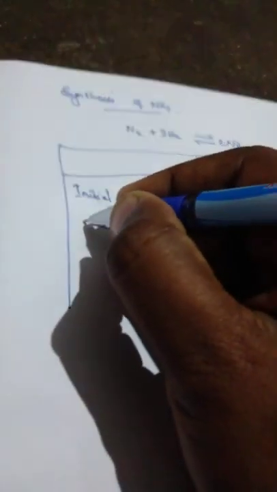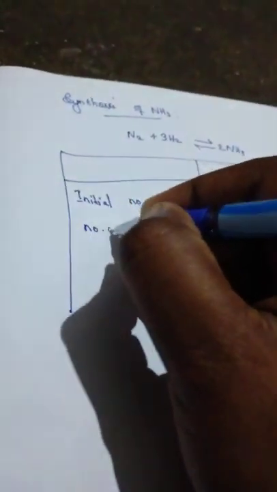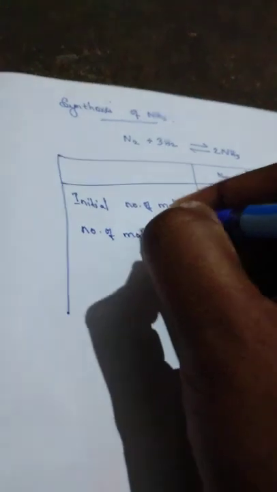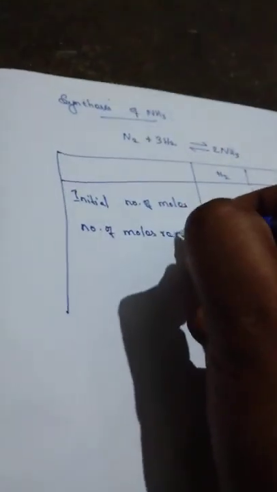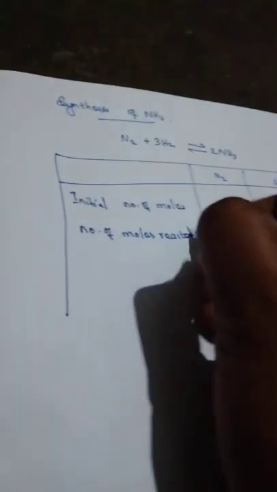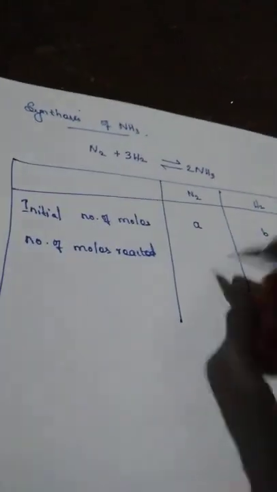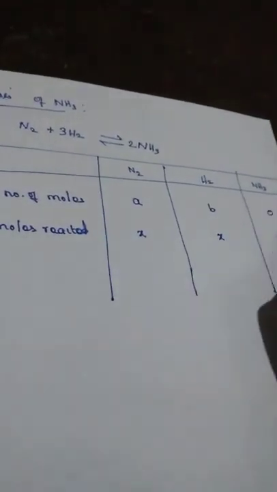Understand? Almost these three examples are the same. Then in the second step we can write the number of moles reacted. For these two molecules you can write X, and this is 0.